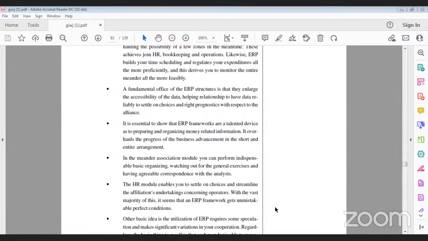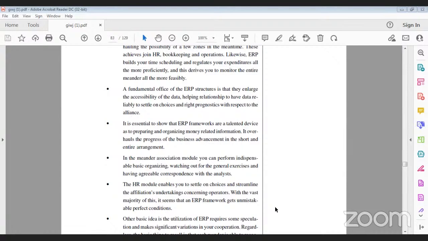The next point is the member of association module. You can perform indispensable basic organization, watching out for the general exercise and having agreeable correspondence with the analysis.